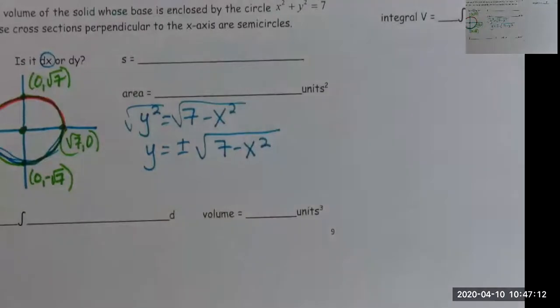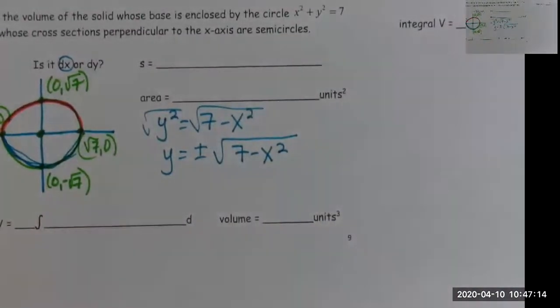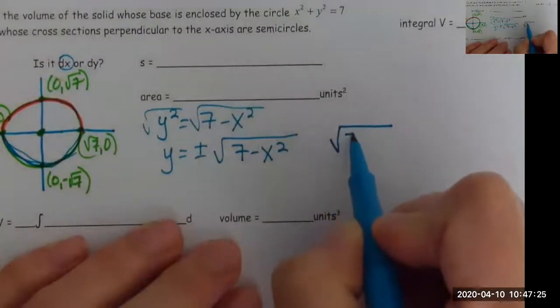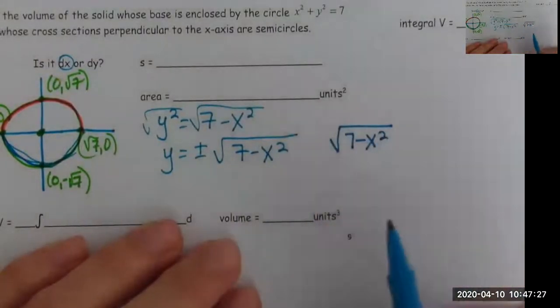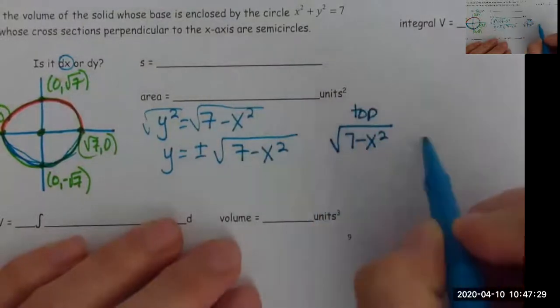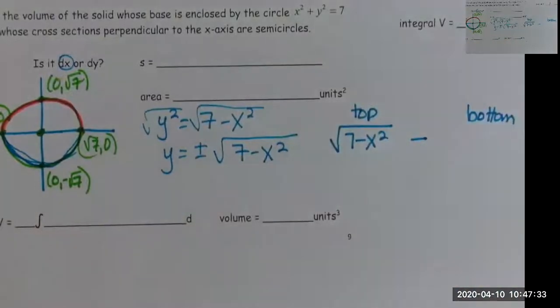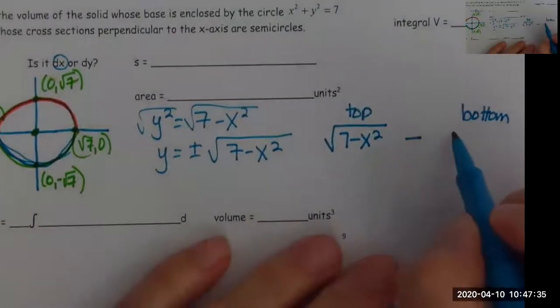So let's look at what happens, because if you look at it real quick, you're going to say the square root of 7 minus x squared minus the square root of 7 minus x squared is going to give me 0. But it's not, because what we have is the square root of 7 minus x squared, that's the top, minus the bottom. And what is the bottom here?